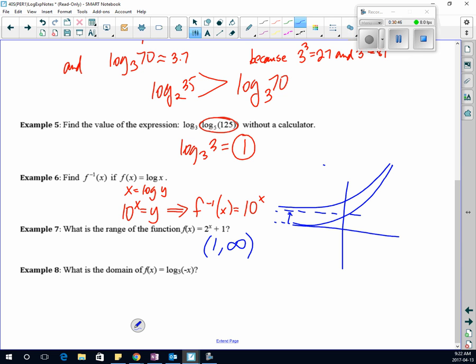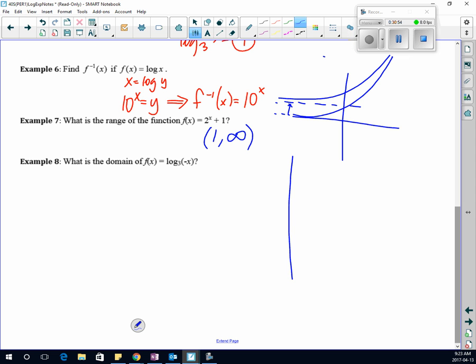Very good. What is the domain of f of x equals log of negative x base 3? So remember, a normal log looks something like this, yes? So what's going to happen when I have a negative x there? That would be a reflection over the y-axis.